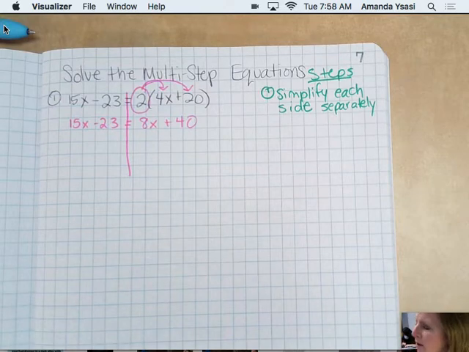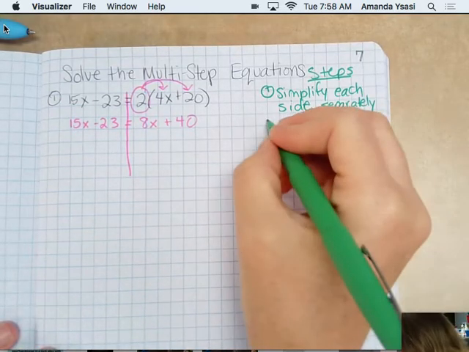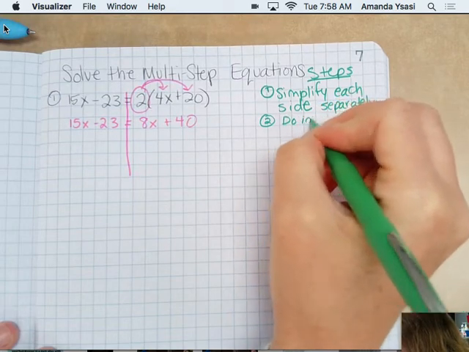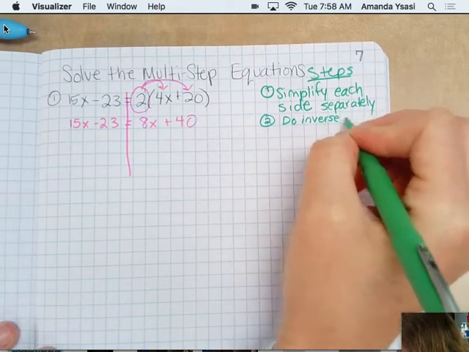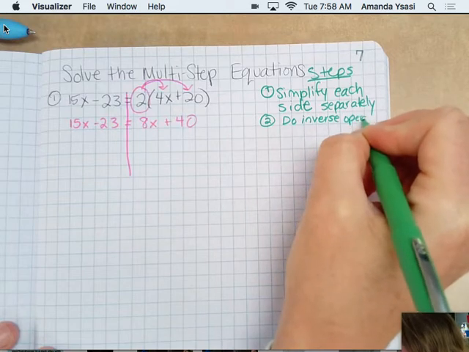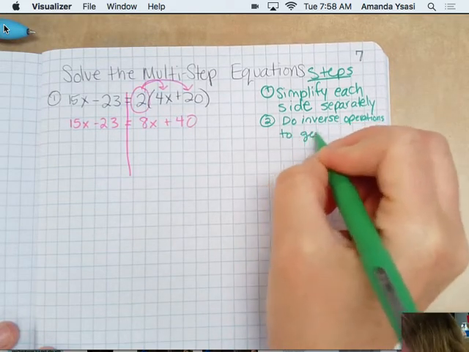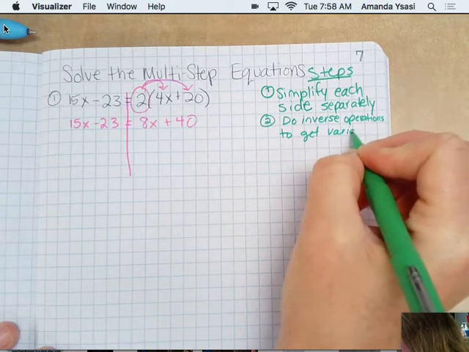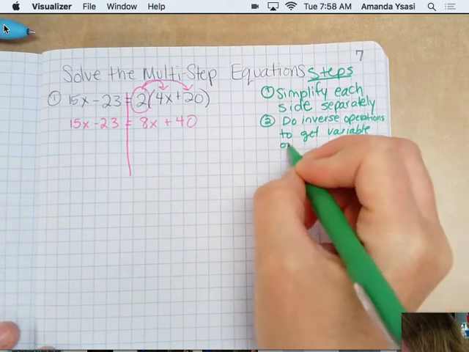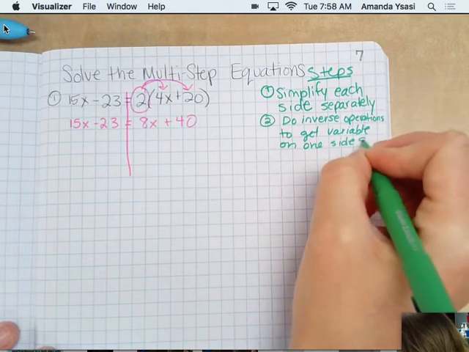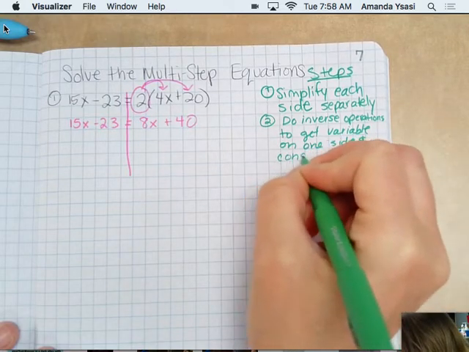And now we are going to start moving. So step 2 would be to do inverse operations to get variable on one side and constant on the other.